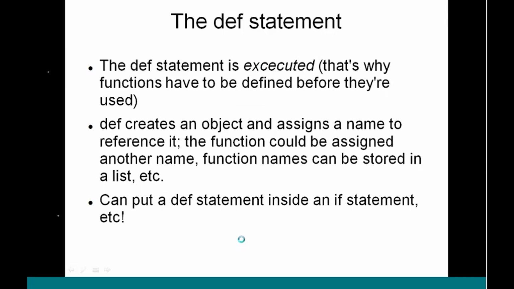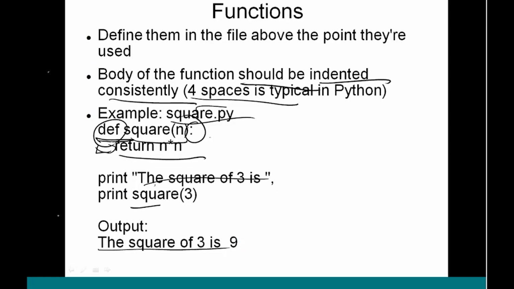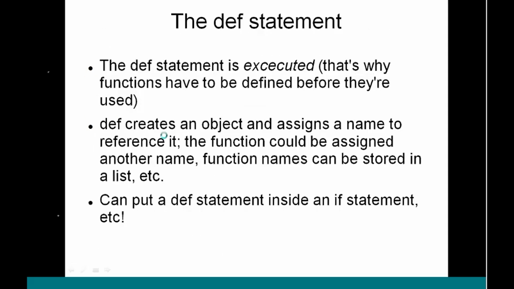A couple of things. One is the def statement, which is the first statement specified for a function. The def statement is executed. It's not parsed and thrown away. It is executed, and that is why we need to define functions before we can use them.